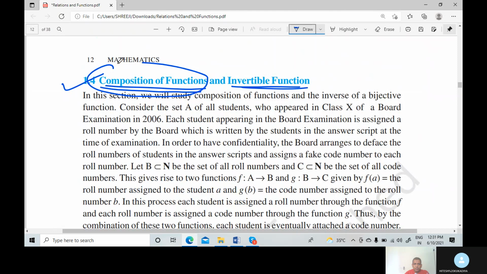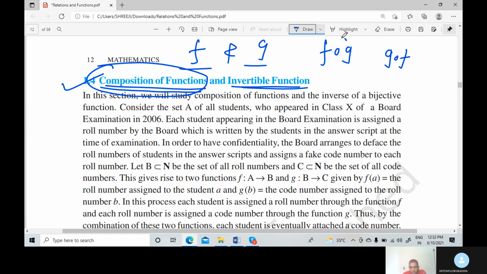Here we discuss the composition of function. Now what is the meaning of composition of function? Here we discuss two functions: first function f and second function g. Composite the two functions f and g. You can write here f o g or g o f, whichever is possible, right?